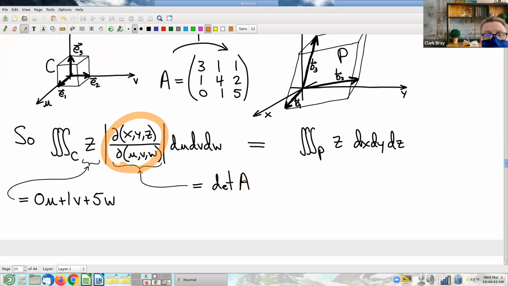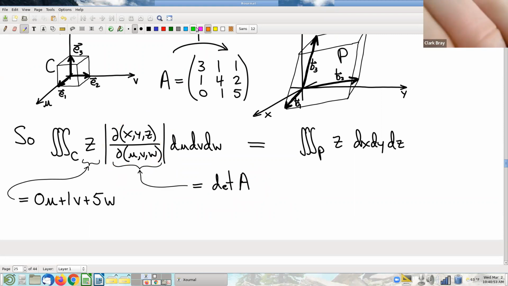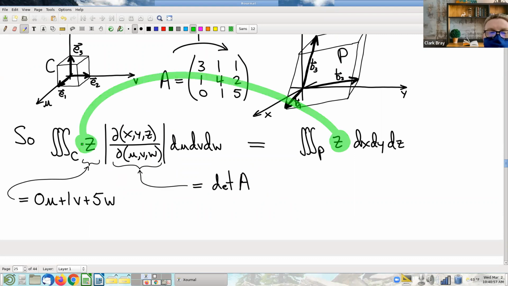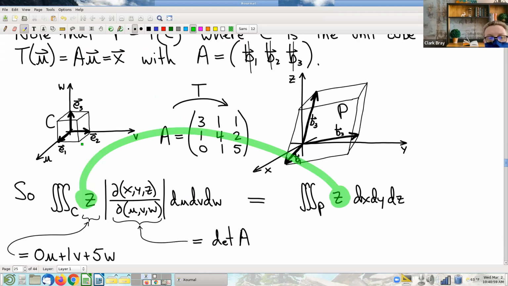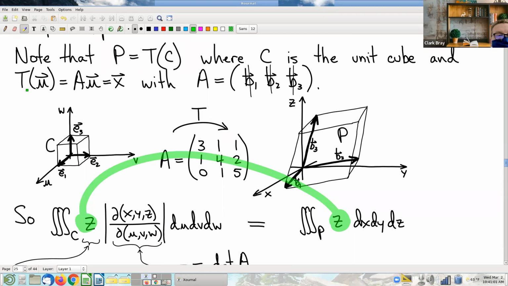So, boom. Now you have to compute that determinant, right? It's some arithmetic. Also, furthermore, you've got to figure out what this z is, the z that comes along for the ride. Don't forget that's contained in the formula. So this linear transformation tells you x, y, and z.